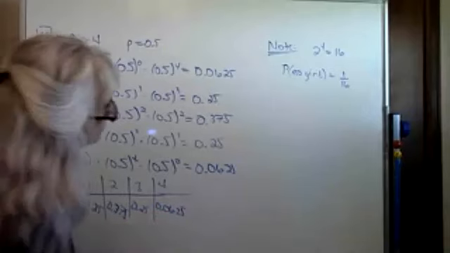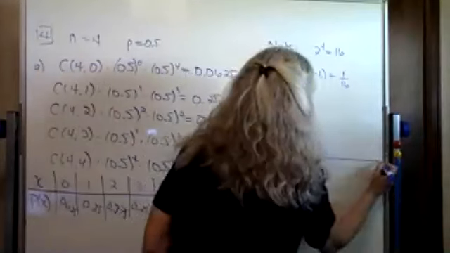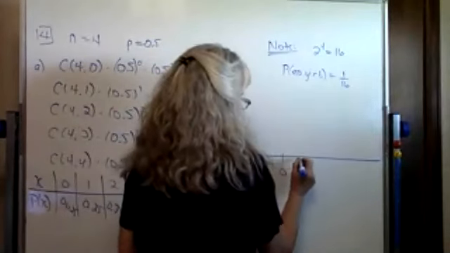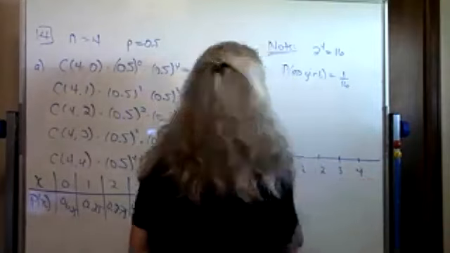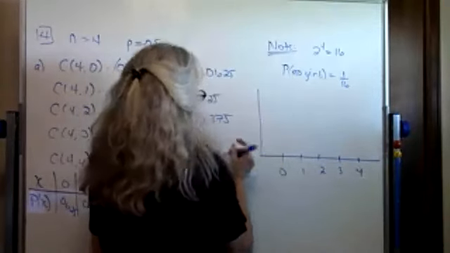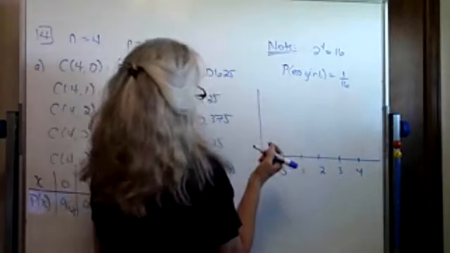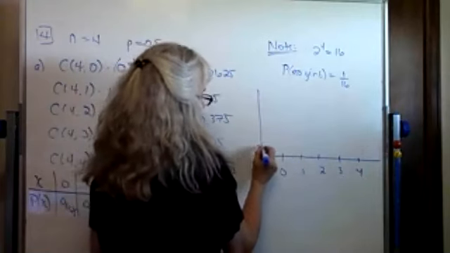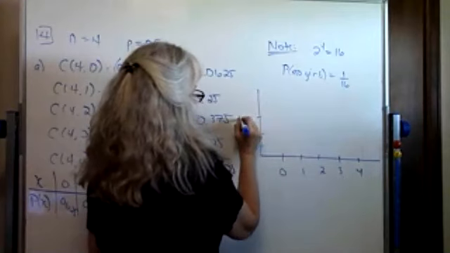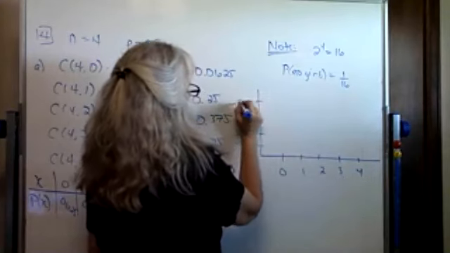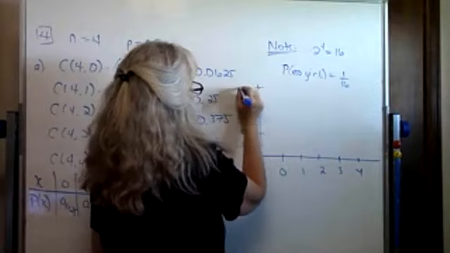So the histogram, we're going to see. Number of girls: 0, 1, 2, 3, 4. And over here, I'm just going to count by 0.2. So 0.2, 0.4, 0.6, 0.8, and 1.0.